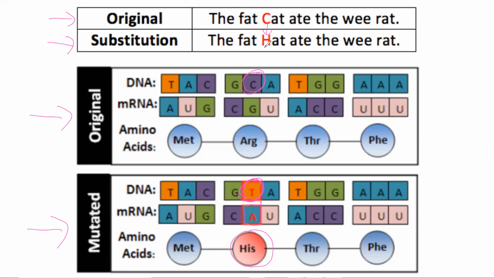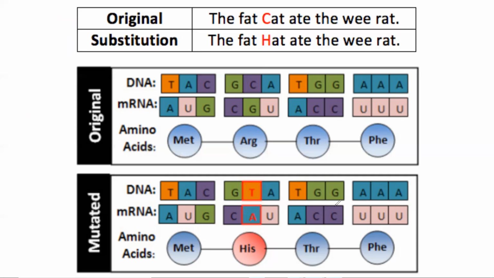So that doesn't make a whole lot of sense. It changes the meaning of the entire sentence, but it was just one letter substitution. So that's what I mean when I say that sometimes substitutions can change a lot, but if that were a different sentence, one letter difference may not have made an entire difference to the entire sentence's meaning.